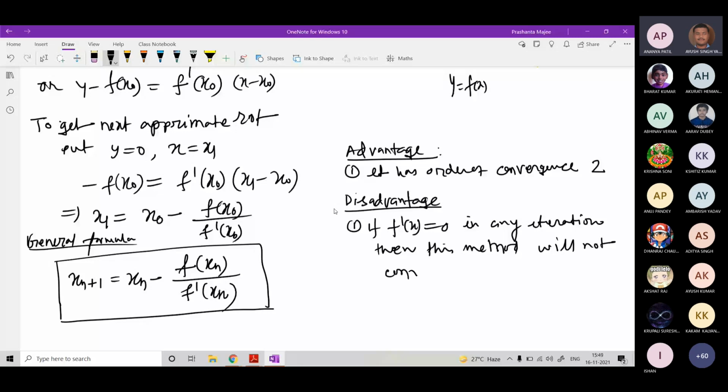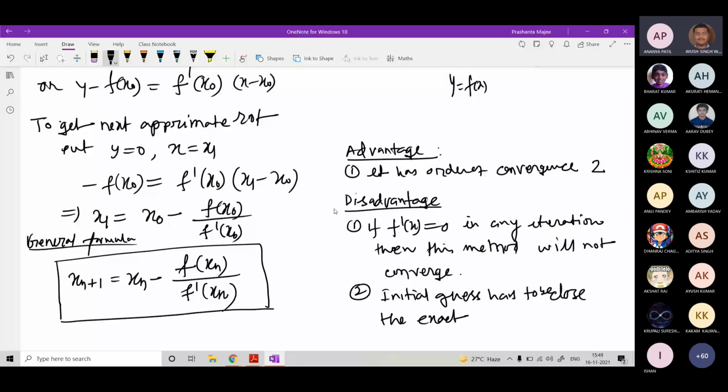Okay. Second one is, the initial guess has to be close to the exact root.